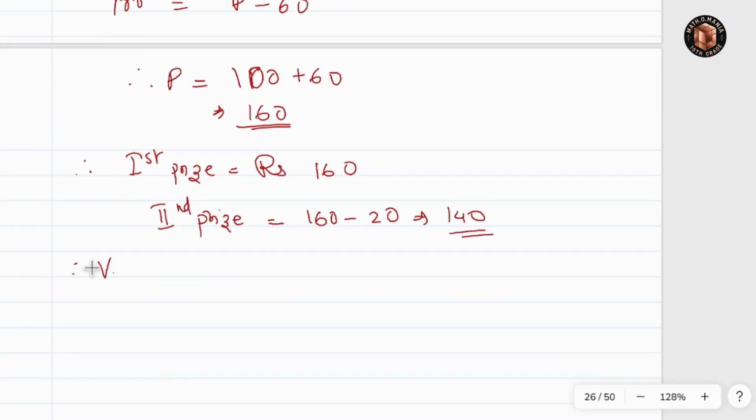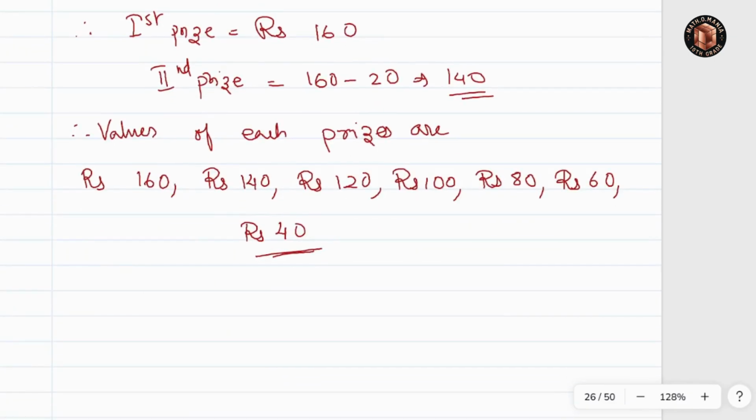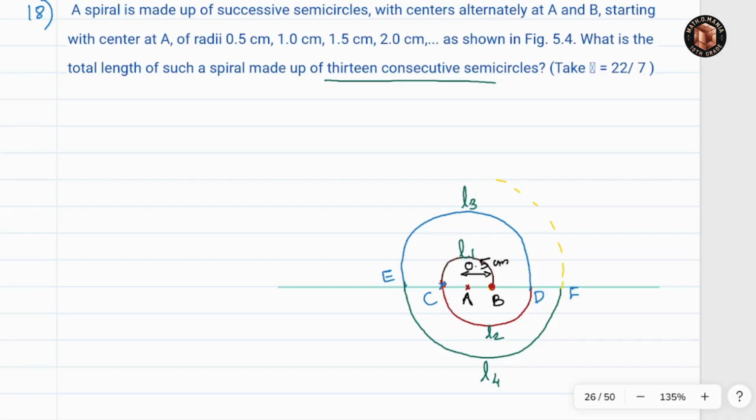Therefore, the values of each prize are rupees 160, 140, 120, 100, 80, 60 and 40. These are the 7 cash prizes that the kids will get when they complete their academic year. Okay, now let's do question number 18.